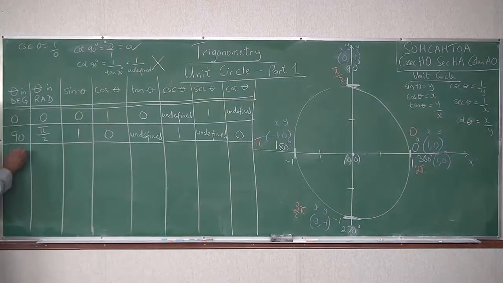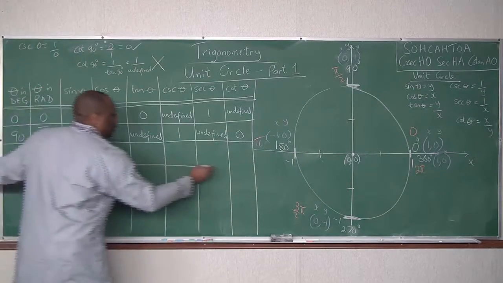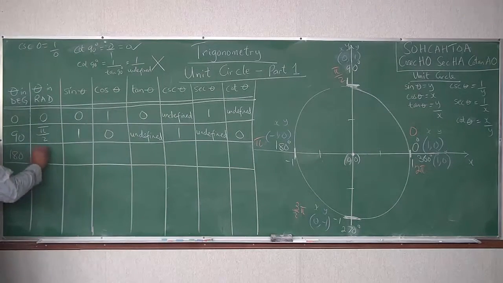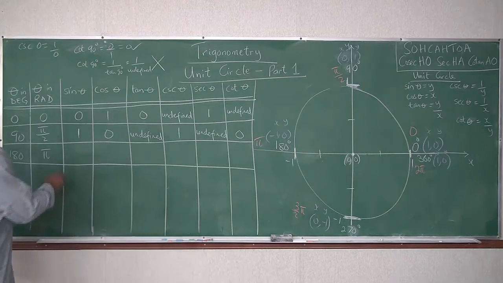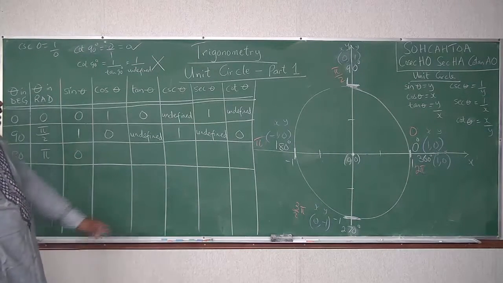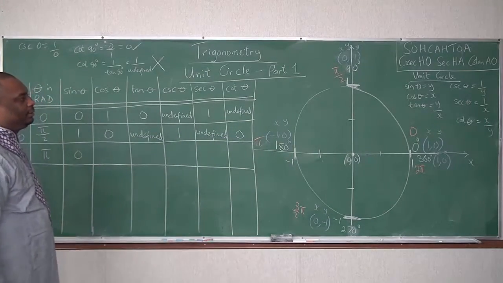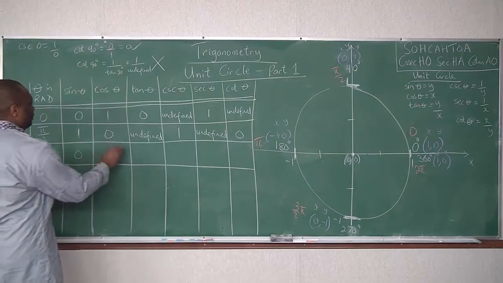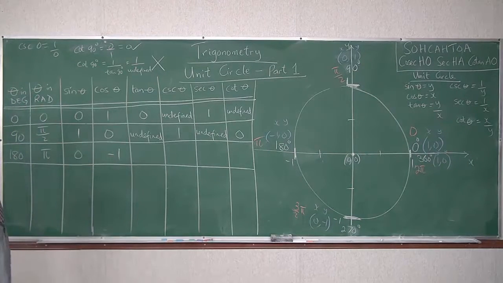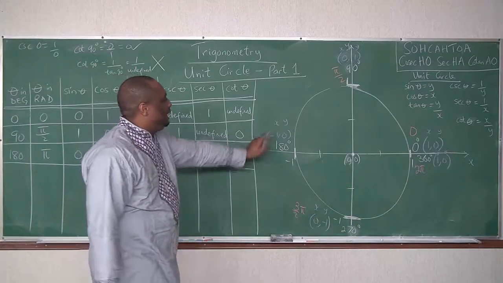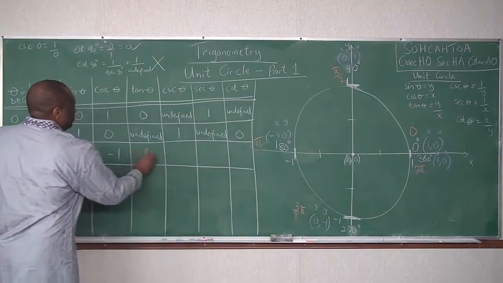The next one is 180 degrees. 180 is pi radians. Sine 180 is 0, because y is 0. Cos 180 is x, negative 1. Tan 180 is y over x, which is 0 over negative 1, which is 0.